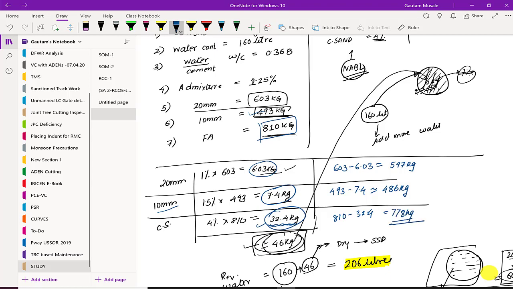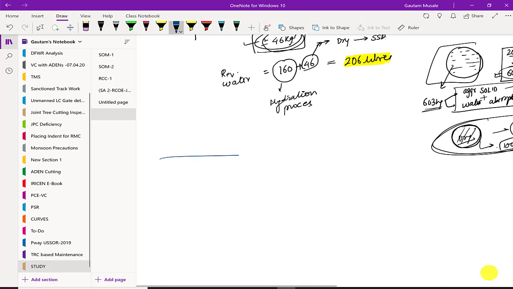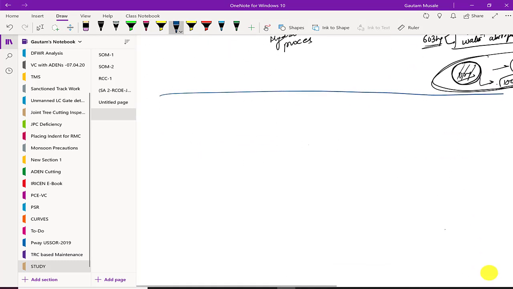So after corrections, what is the revised or final content of my ingredients? I will say cement is the same, unchanged at 435.